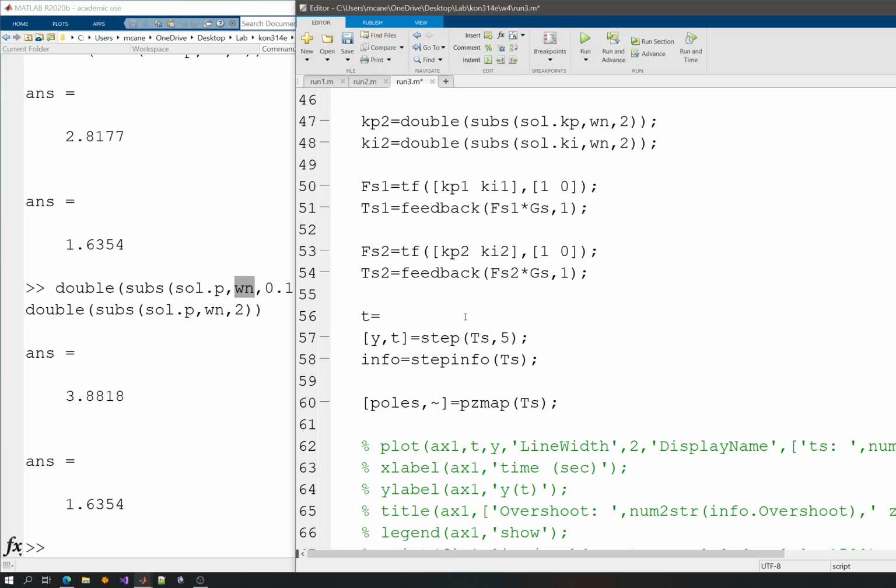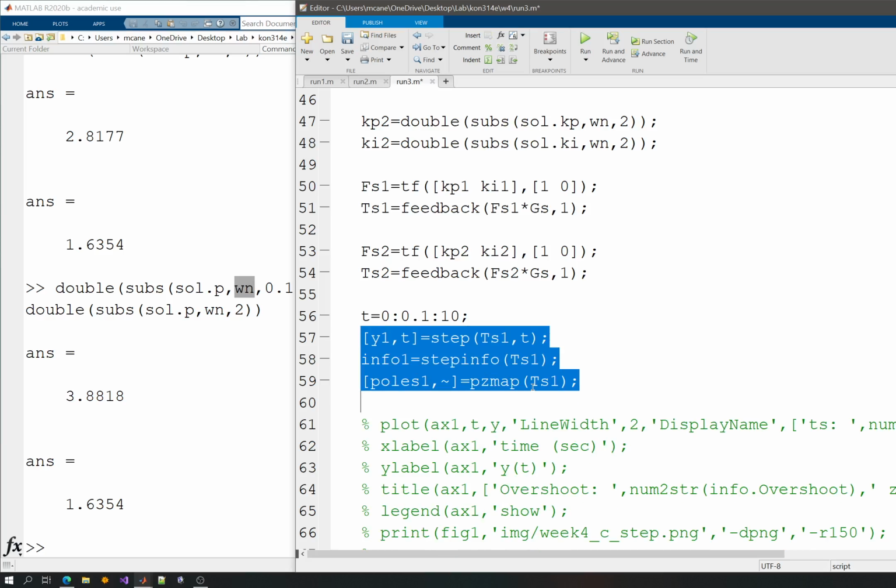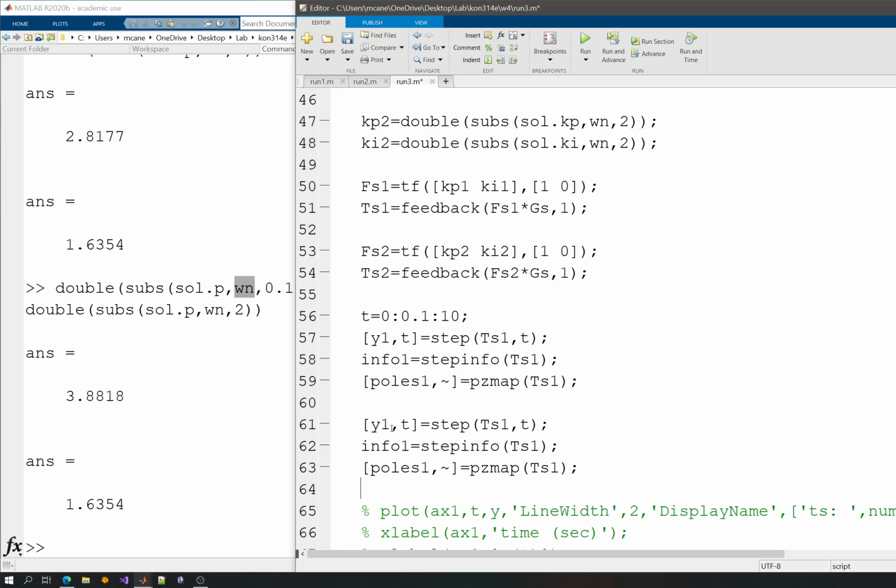Let's give it a time vector here, 0.1, let's say 5 seconds, maybe 10 seconds, since I have also a slow solution. I give it the time, I give it 1, and I say this is y1, info 1, this one, and poles 1, ts1. So I will repeat this for the second solution set here. y2 is equal to ts2, and also info 2, and poles 2.